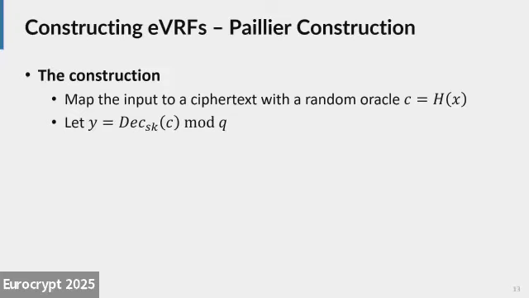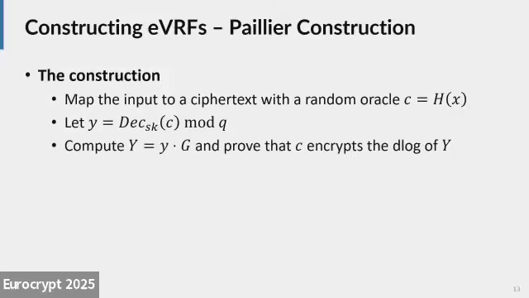It's very easy to see this is going to be pseudorandom value, because if you start off with a random oracle mapping the ciphertext, you're going to be encrypting a random value, and now we have the output to be little y. And now we compute big Y is Y times G, and we just prove that the PIR ciphertext encrypts the discrete log of big Y.